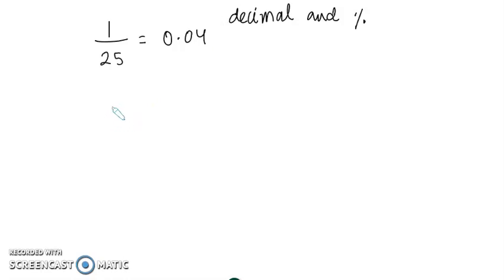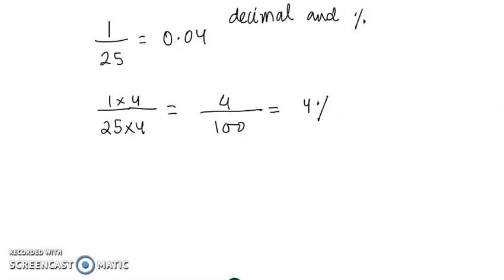For changing into percent, you have to write it like this, and then you need to get 100 in the denominator. So multiply it by 4. 25 times 4 is 100. And you have to multiply the numerator also by 4. Therefore you get 4 by 100, and 4 by 100 when expressed in percent is 4%. That means 1 by 25 is equivalent to 4%.